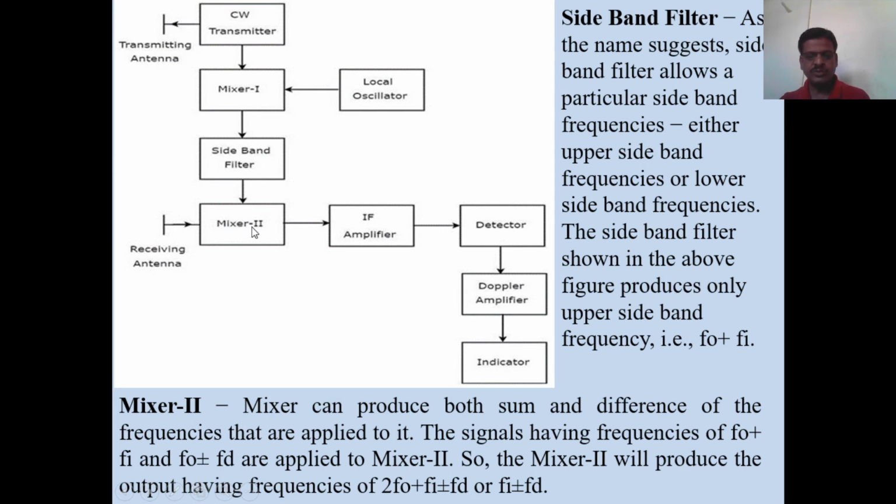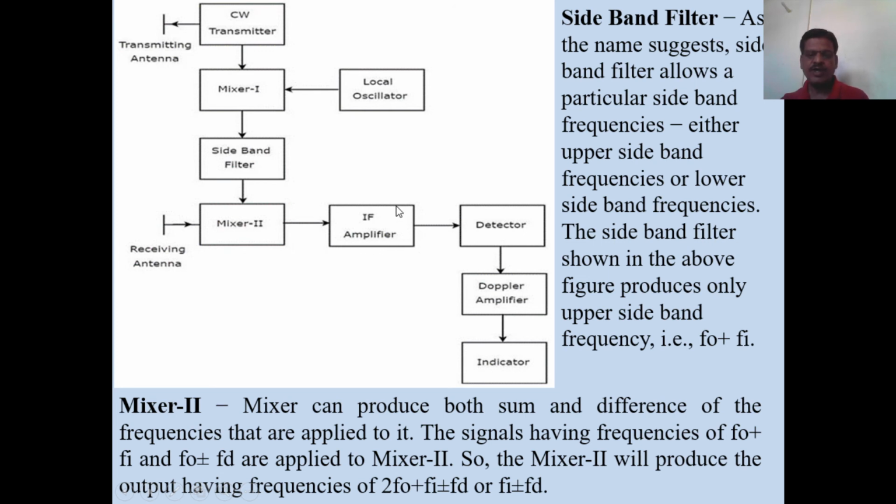So mixer 2 will produce the output of the two frequencies 2FO plus Fi plus or minus FD, or Fi plus or minus FD. That frequency is known as the intermediate frequency, or the IF frequency, and therefore mixer 2 gives the intermediate frequency.